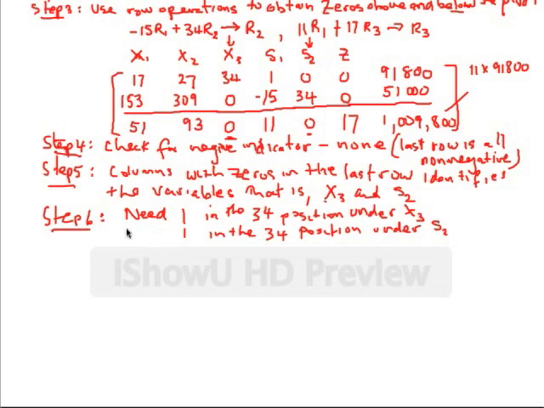So to do that, we're going to need to do 1 on 34 times row 1 to produce a new row 1, and we're going to do a 1 on 34 times row 2 to produce a new row 2. So again, get your calculator. So step 7, we produce what's called the final simplex tableau.